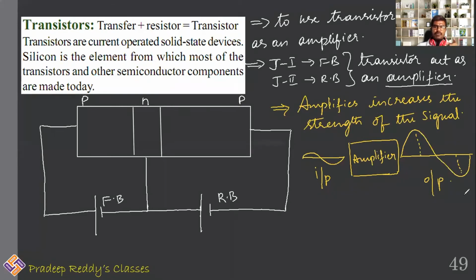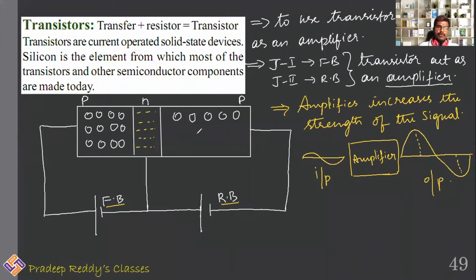The transistor is used as an amplifier when the first junction is connected in forward bias and the second junction is connected in reverse bias. How does it act as an amplifier? Let us see that. As it is a P region, there are holes in P type, and in N type there are electrons, and again in P type there are holes.